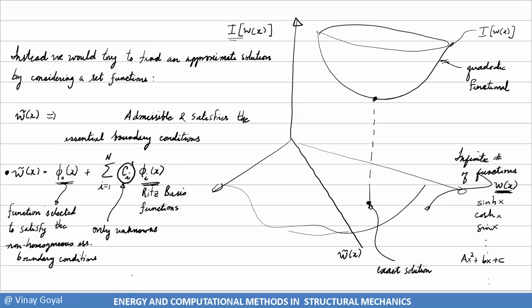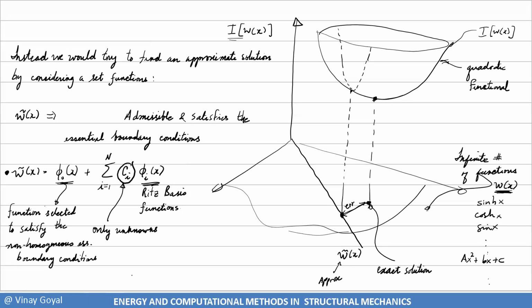When I look at the projection of W tilde(x) onto the surface, this functional, then now my minimum can be found. And so what I notice here is that this is the error between the exact solution and this approximate solution.